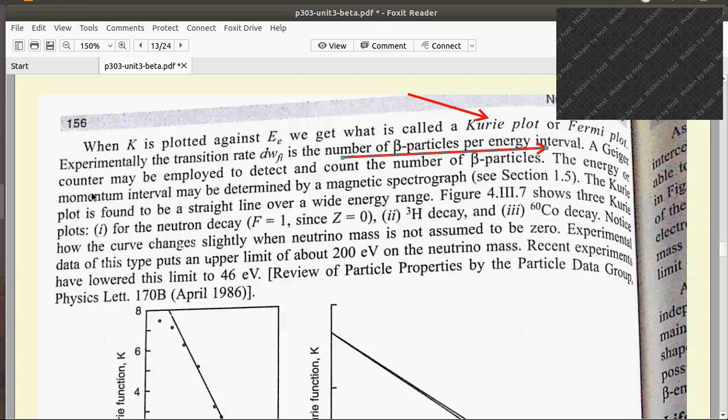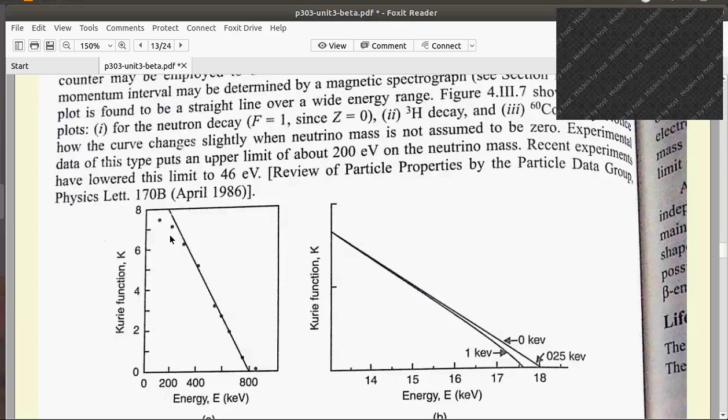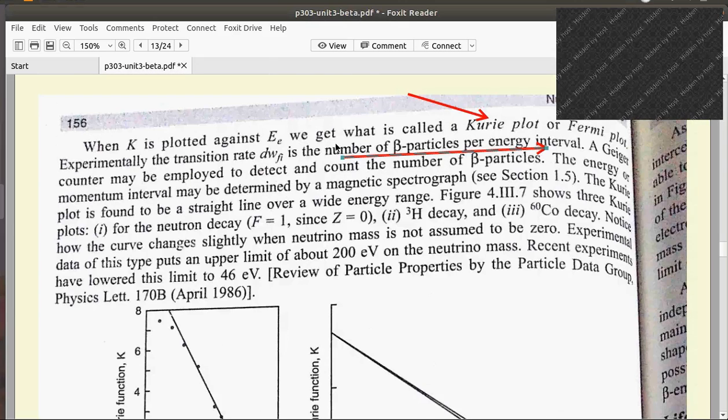So what does this imply? Supposing I have an energy interval from 1 electron volt to 2 electron volt, how many beta particles are emitted? Note down the number.